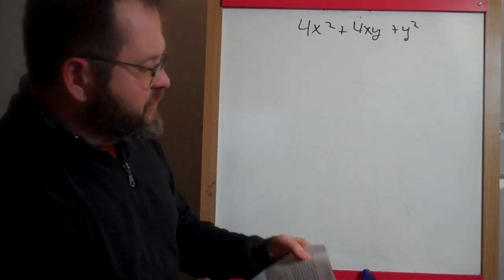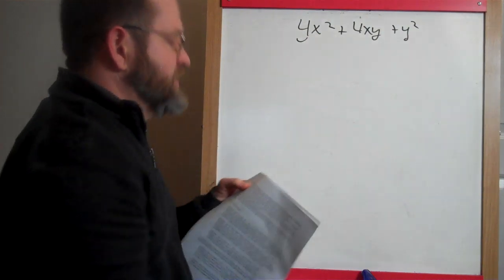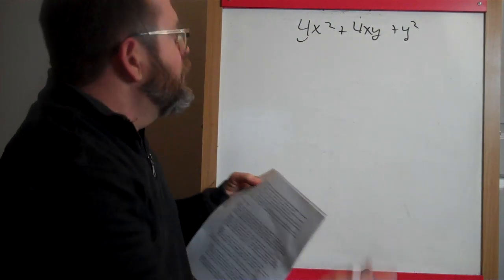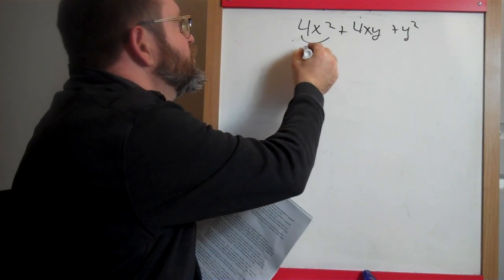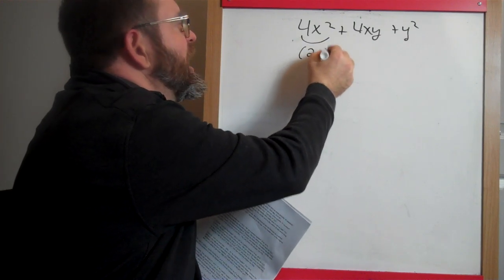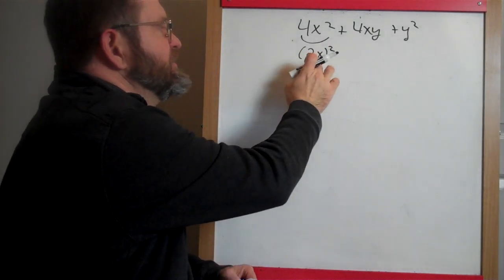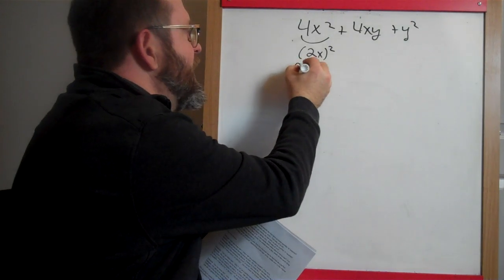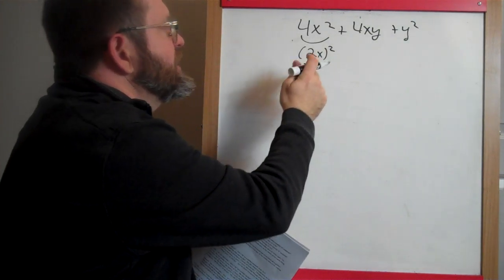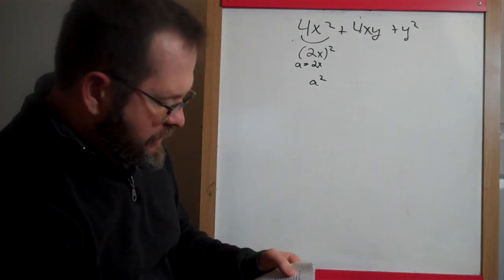All right, the first thing we ask ourselves: is the first term positive, is the leading coefficient positive? Sure. Can that whole first term be written as a perfect square? Sure, it could be written as (2x)², because 2 times 2 times x² is 4x². So we could make some a that is 2x, and this first term is a².